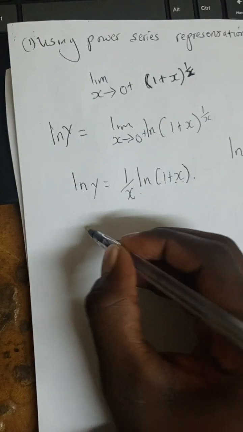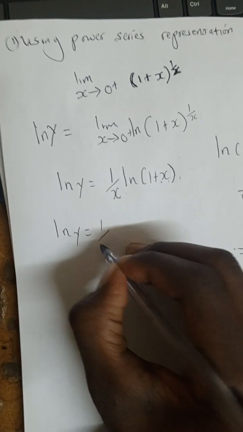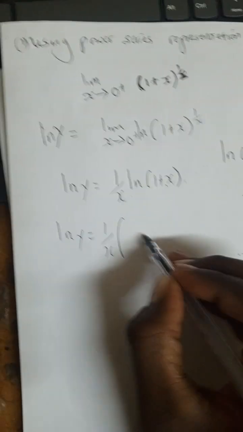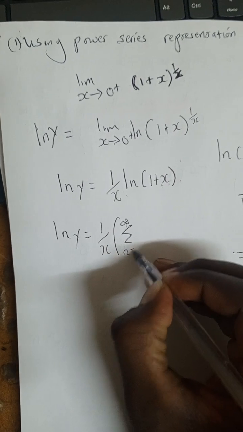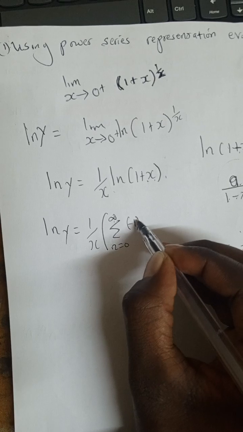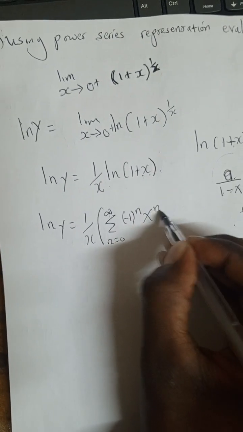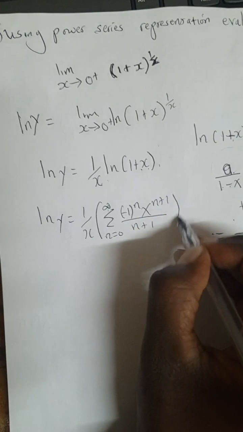So now, what we have is ln of y equal to 1 over x. Now, we are going to write our series, which we have just found. This boy, x to the n plus 1 over n plus 1.